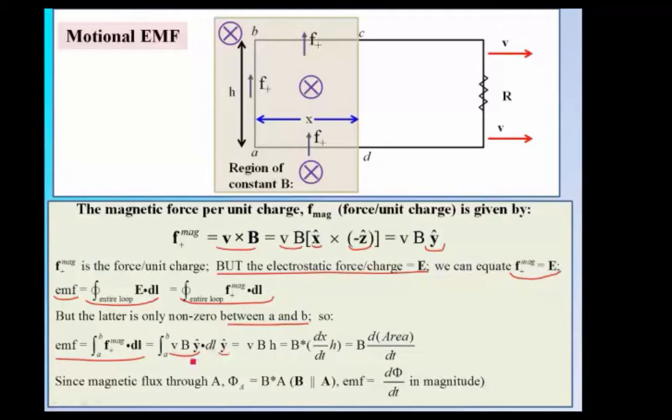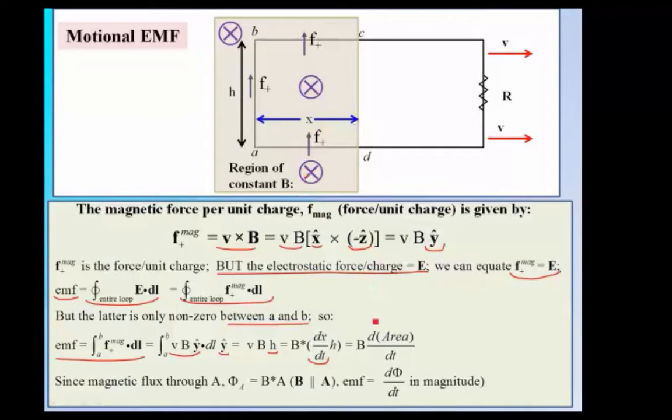So we're left with B times v times the integral of dl from A to B. And that's given by this quantity h. If you come up here, h is the width of the coil. Now putting in v as dx/dt, we can see that we have x times h, which is the area of the loop that's inside of the magnetic field.